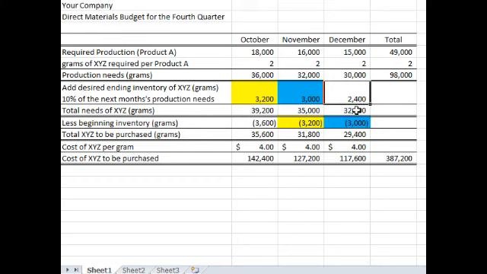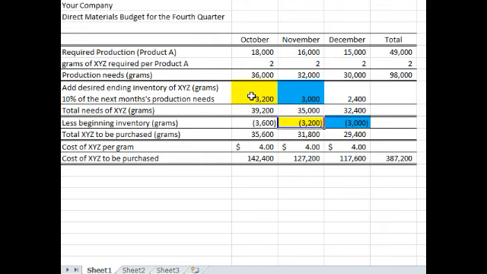So you do the same calculation and notice that the beginning inventory of November is equivalent to October's ending inventory, right? One month's ending inventory should be equivalent to the following month's beginning inventory. Do you agree? So I highlighted it like this.